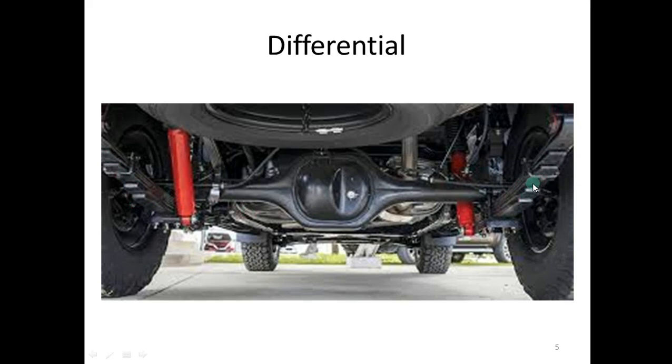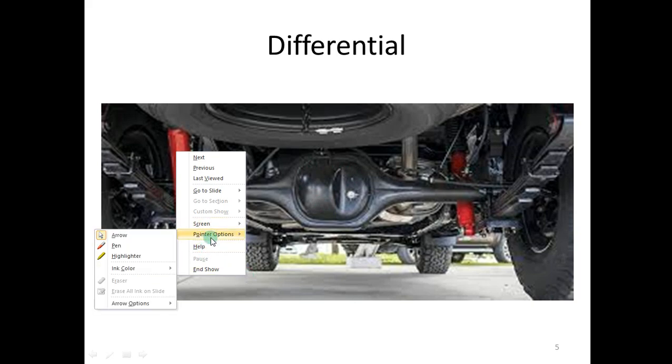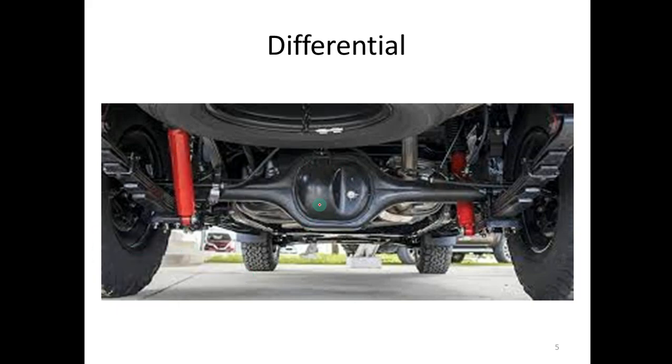These are leaf springs, and these are the four wheels of this vehicle, and this is the differential. I will point out that this is the differential part, and this differential is directly connected to the wheels.